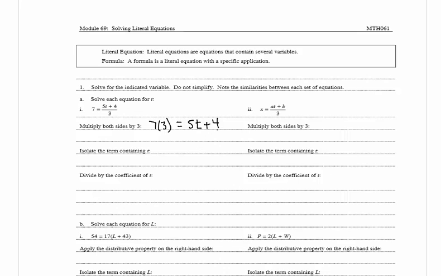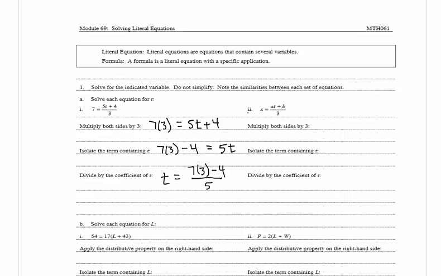In order to do that, we're going to subtract 4 from both sides. So we have 7 times 3 minus 4 is equal to 5t. And now we want to divide by the coefficient of t. So we're going to divide both sides by 5, and we're going to get t is equal to 7 times 3 minus 4 divided by 5.